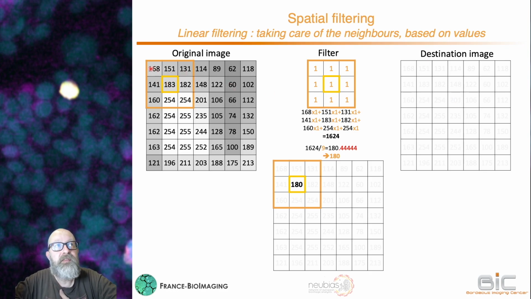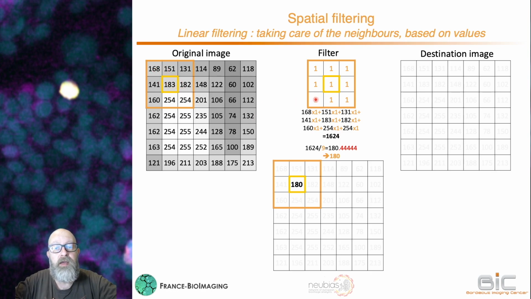The thing I will do is take the intensity, multiply it by the first coefficient, second intensity, second coefficient, third intensity, third coefficient, and so on and so forth. So 168 times 1 plus 151 times 1, etc. I end up with a sum that is really larger than the original pixel intensity.